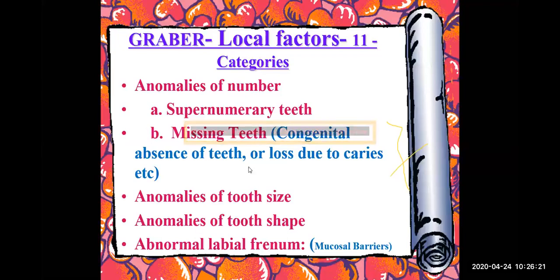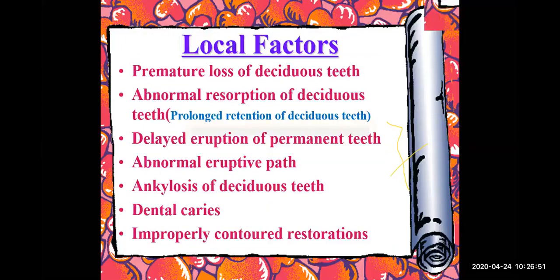The anomalies of number: the supernumerary teeth, the missing teeth, the agenesis, all the different anomalies. The tooth size and shape, the peg laterals, hypodontia, all these things. Each one has a different way of treating this. These local factors are also very, very important. Each one has a different method of treating in orthodontics.